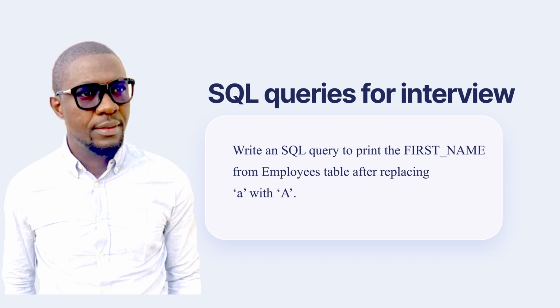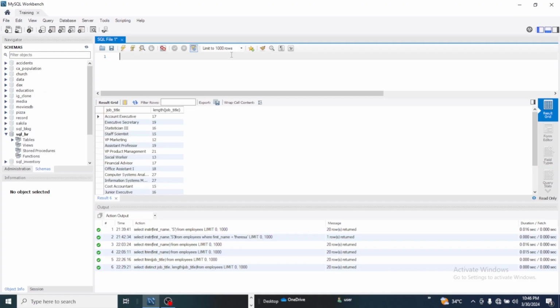Write an SQL query to print the first name from employee table after replacing lowercase a with uppercase A. Just like the word sounds, replace means to replace a value with another value. So right now, this is very straightforward. What we need to do is select, then replace.